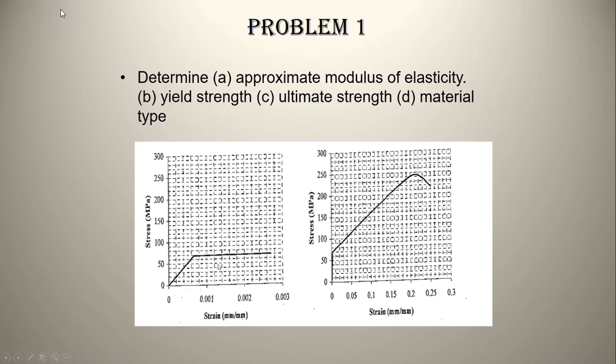To find E, the best way is, E is defined as sigma over epsilon. So you go in this portion of the graph and find E. What I would do is pick a point where both the lines are crossing.